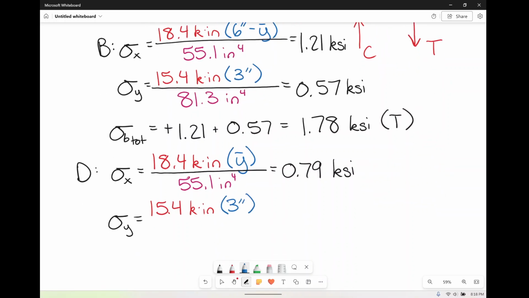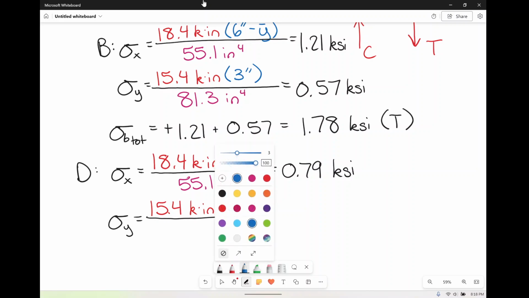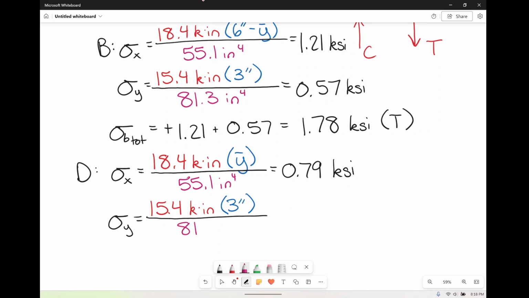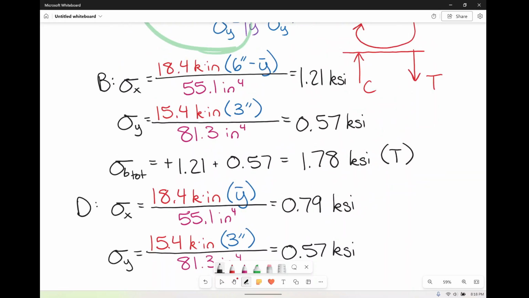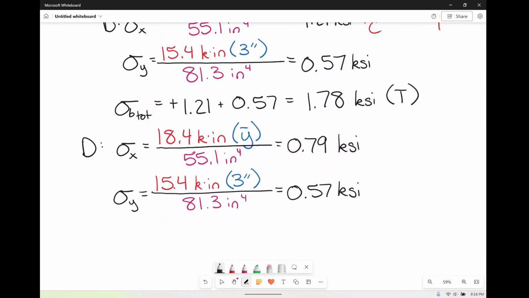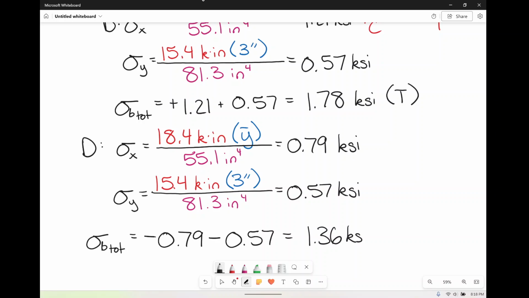So you can see it's the same, especially when you divide by Iy, which is 81.3 inches to the fourth. So again, this one was 0.57 KSI. Now for point D, though, it is minus and minus. So when we do the total bending at point D, it's going to be minus 0.79 in the X, minus 0.57 in the Y, and we're going to get 1.36 KSI. However, it is negative, so compression.